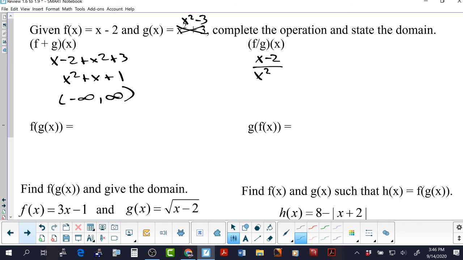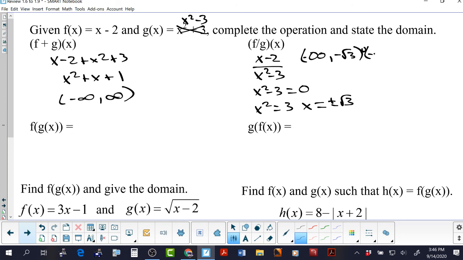So x squared minus 3. And now x squared minus 3 can't be 0. So let's find out where it's 0. So the domain would be negative infinity to negative square root of 3, union with negative square root of 3 to square root of 3, union with square root of 3 to infinity.